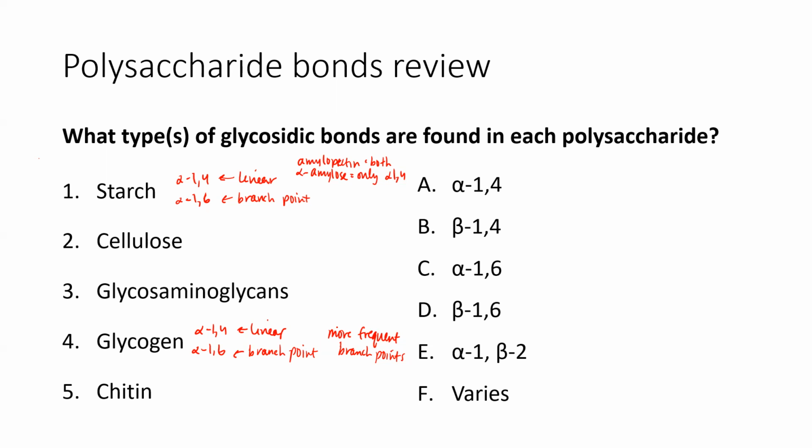Yeah, exactly. If you imagine glycogen, you start out with a line. These are all connected with alpha 1,4. Every time you make a branch point, that branch point is connected by an alpha 1,6 bond. But then all the other sugars in each line are connected by alpha 1,4. Does that help? Yeah, that makes sense. Thank you. Okay.